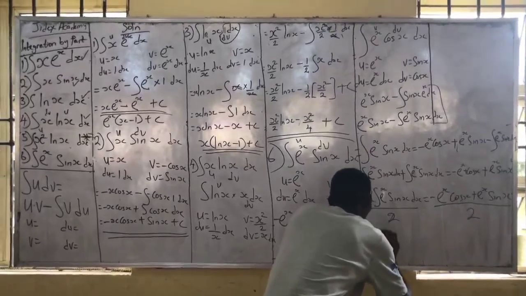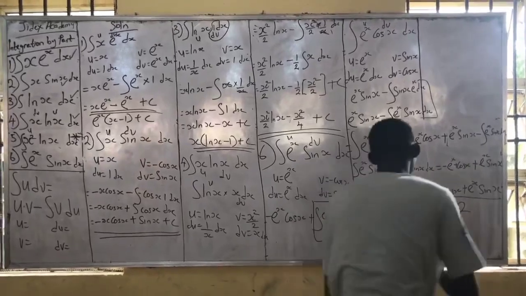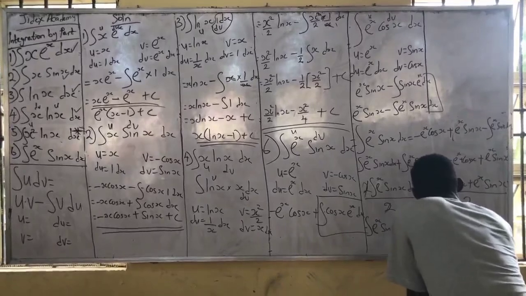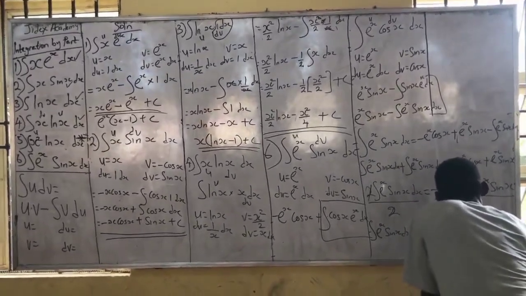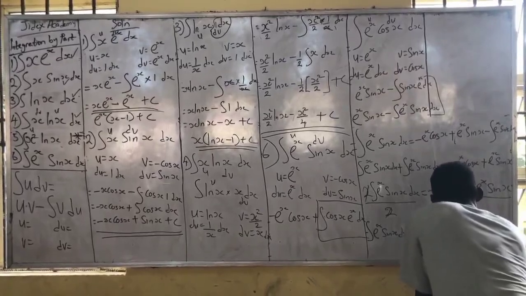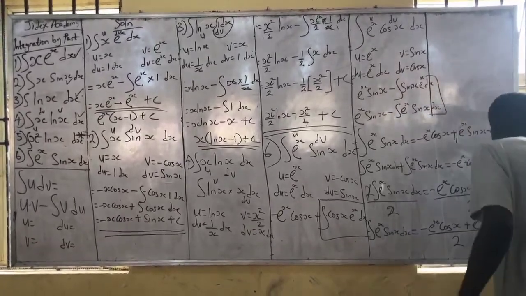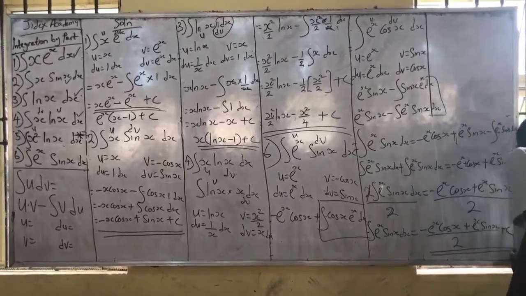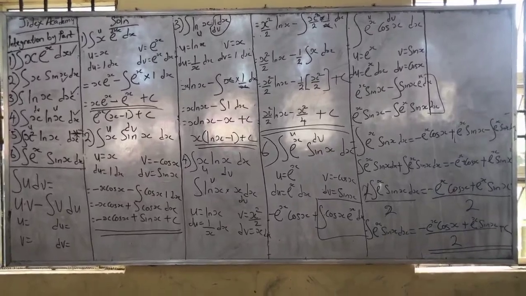Therefore, the integral of e to the power of x sine x dx is equal to minus e to the power of x cos x plus e to the power of x sine x, over 2. Then you add your constant. So this is your final answer for this.